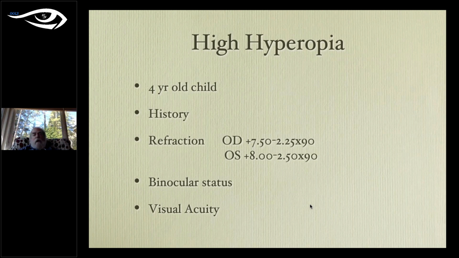If I cut the plus dramatically, I reduced it enough that that kid now might, under some circumstances, be able to exert accommodation to overcome the remaining amount of uncorrected hyperopia that's present. You might trigger an accommodative esotropia in that individual.